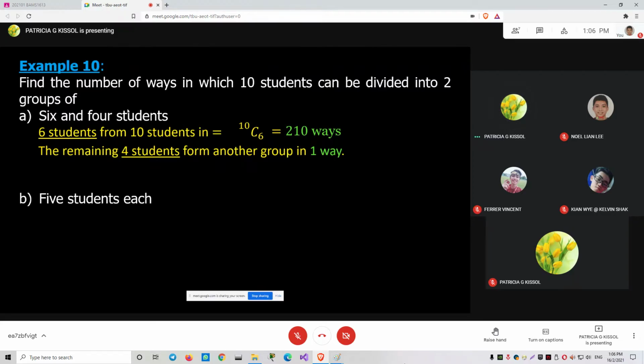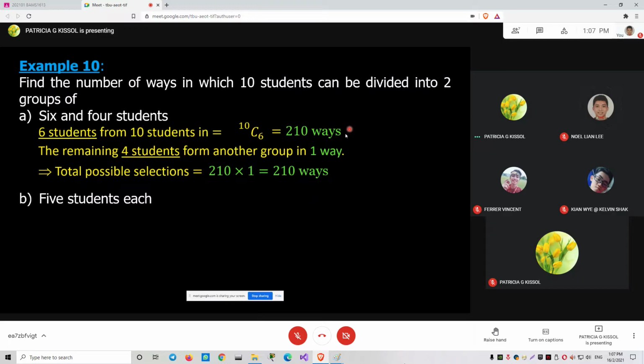So we only need to calculate 10 combination 6, and if you use your calculator, that gives you 210 ways. Is that clear?